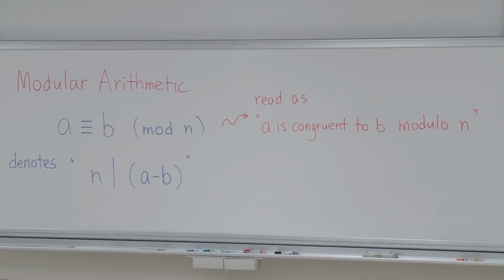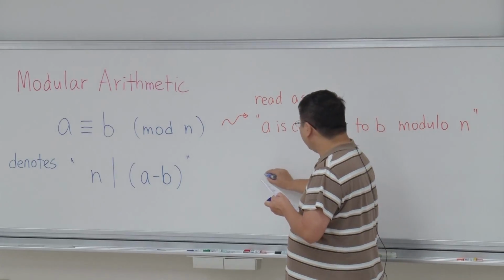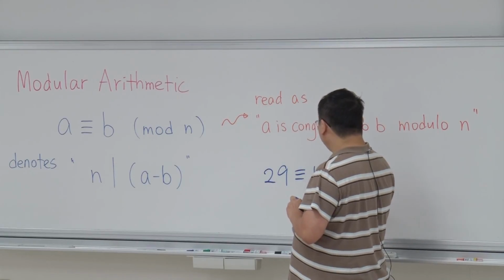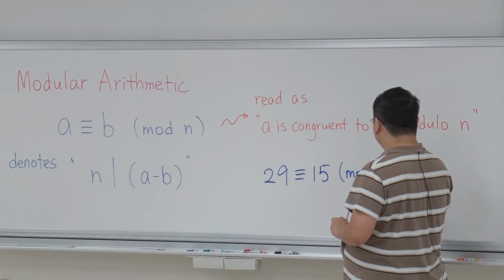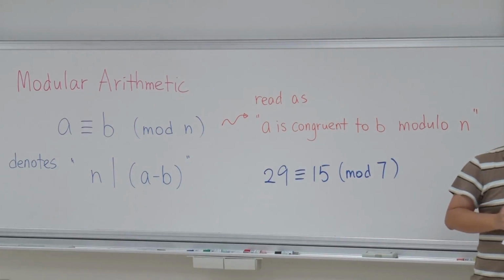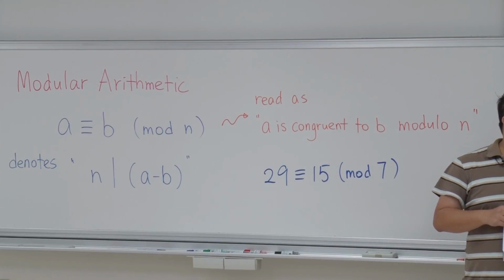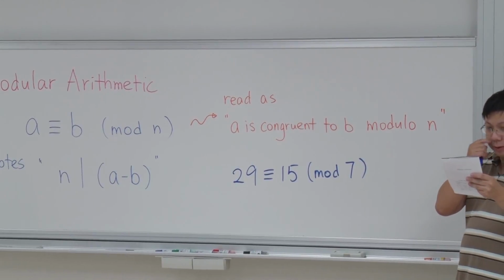Let me give you some examples. For instance, you will say 29 is congruent to 15 modulo 7. It is because the difference between 29 and 15 is a multiple of 7. Is that okay? So we can say 29 is congruent to 15 modulo 7.